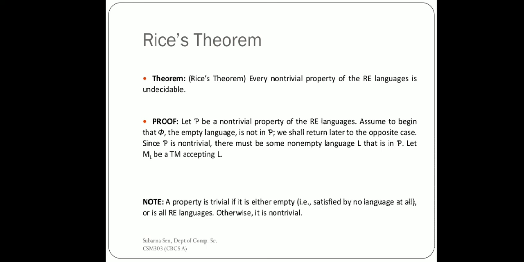Since it is non-trivial, we are assuming, as the initiation of the proof, that my empty language phi is not in P. Later on we will prove this to be a different case.